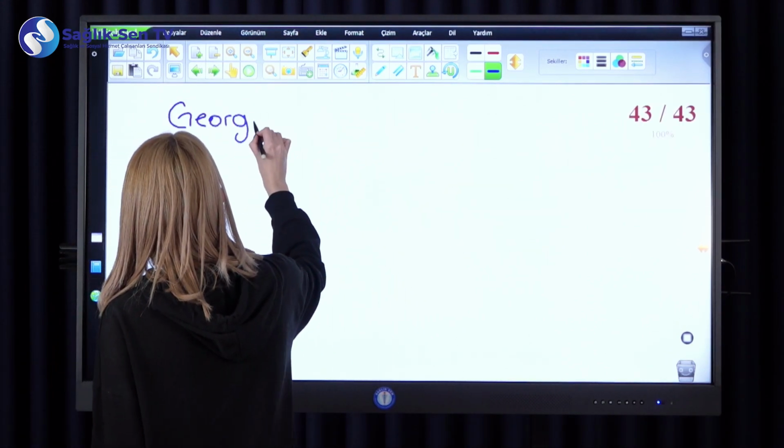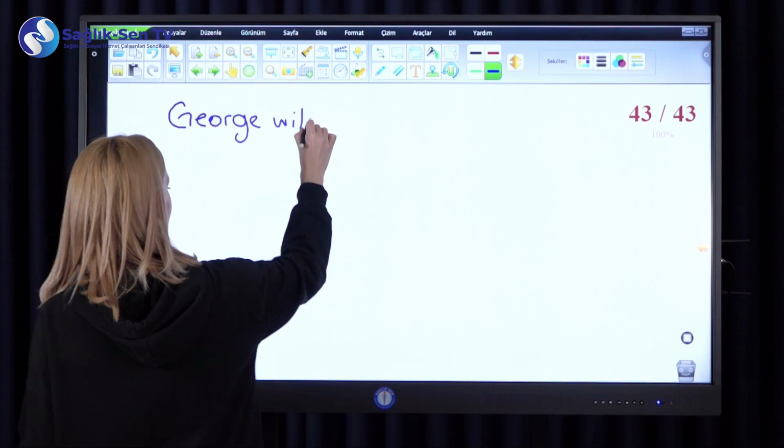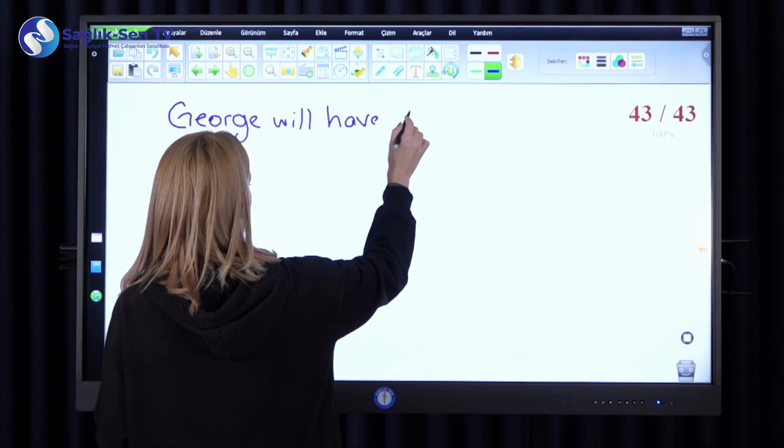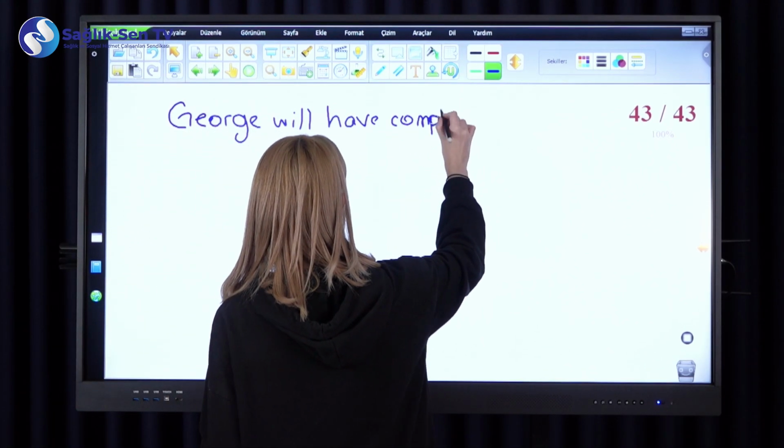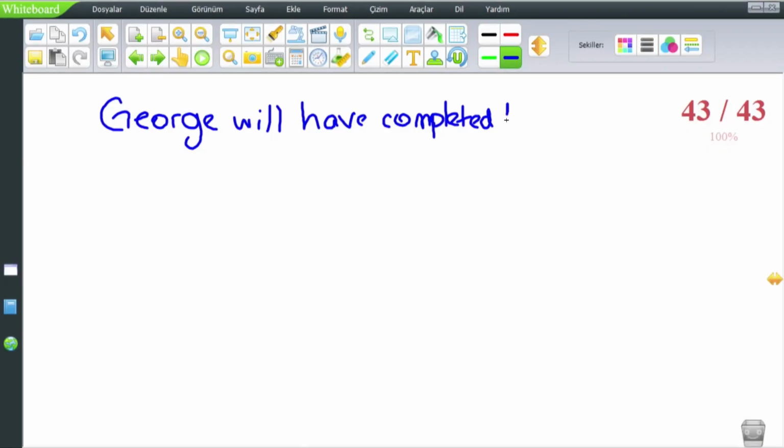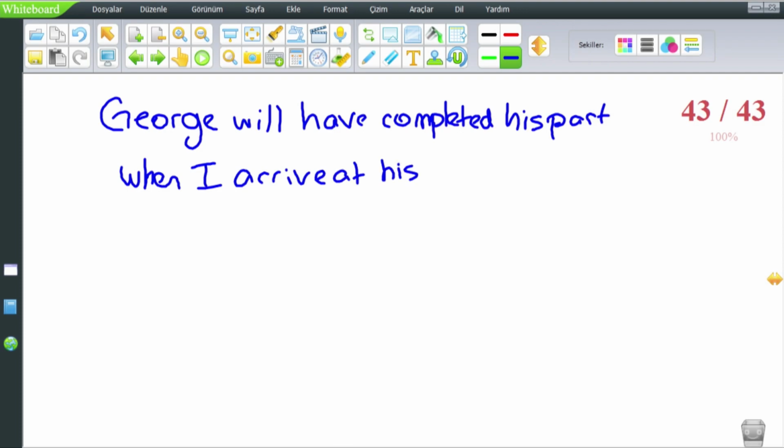George will have completed his part when I arrive at his game or play.